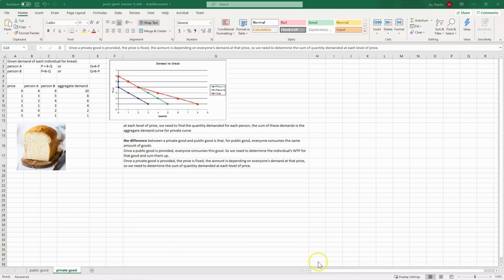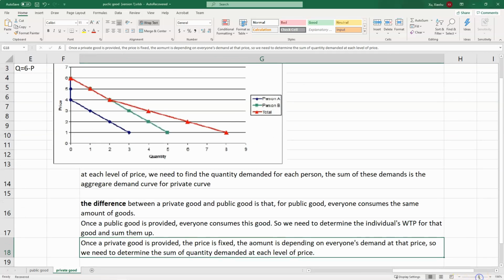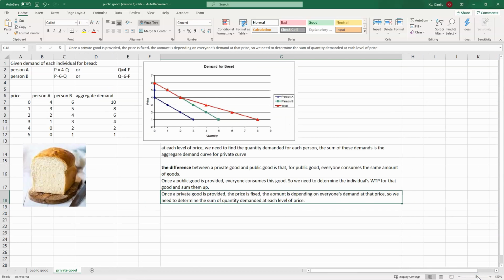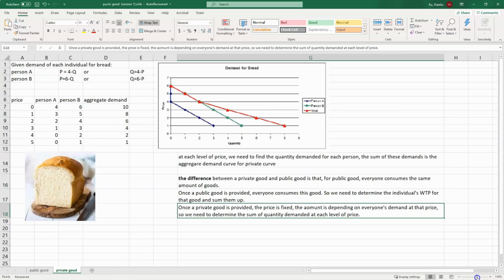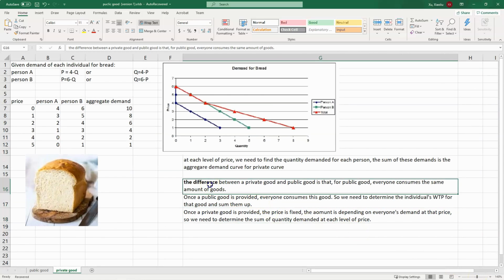Then the second part of this video, I will talk about the aggregate demand curve for a private good. And also we will use the same example in the lecture notes. The difference between a private good and a public good is that for public good, everyone consumes the same amount of goods. So once a public good is provided, everyone consumes this good.